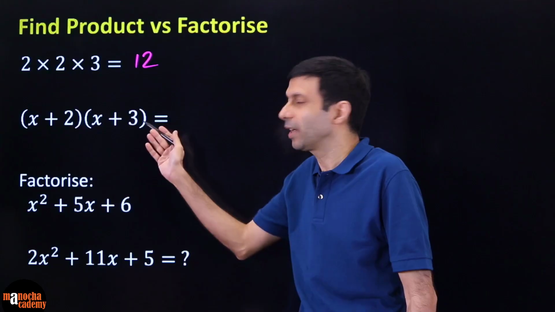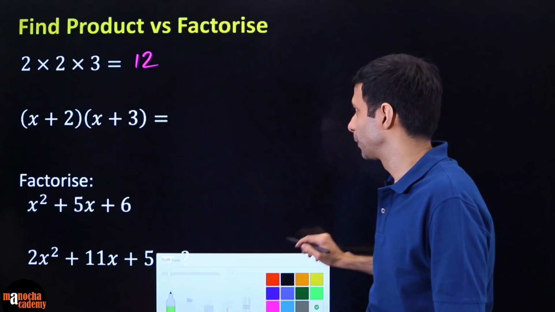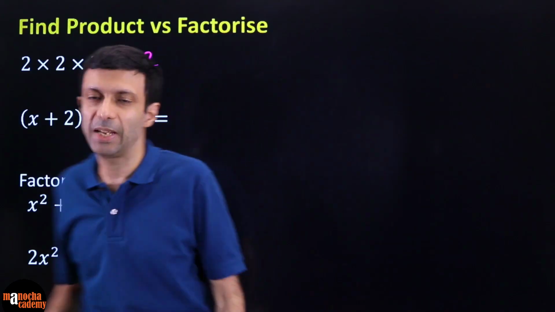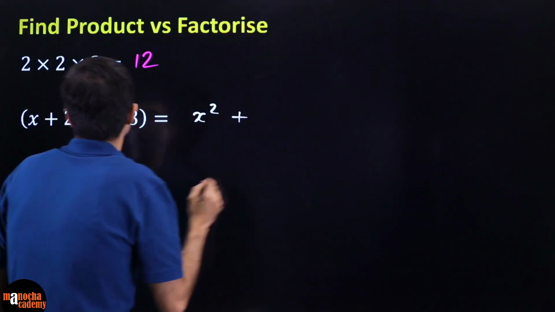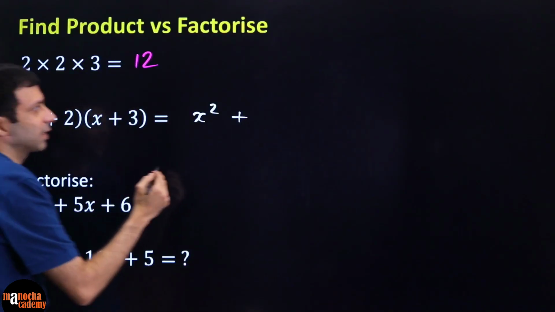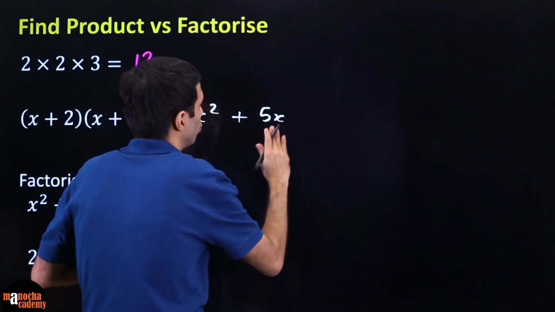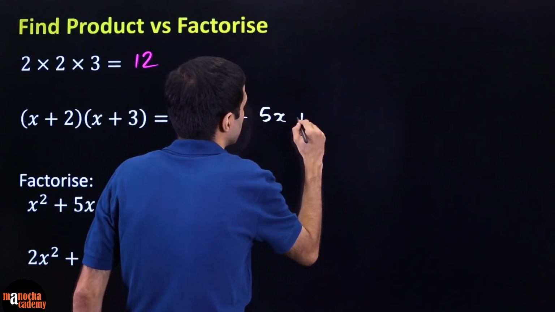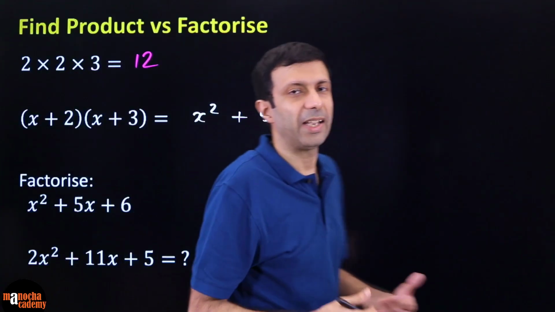How do we find the product here? We expand it. If you expand this out, you're going to get x times x, which is x squared. Then you'll get a 2x and a 3x term, so that's going to give us a 5x, and plus 2 times 3, which is 6.